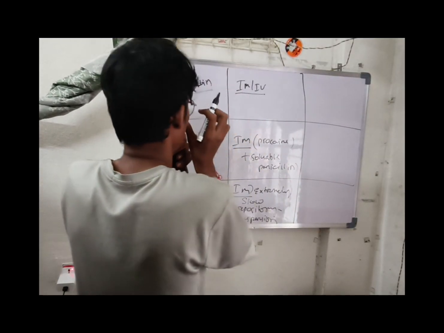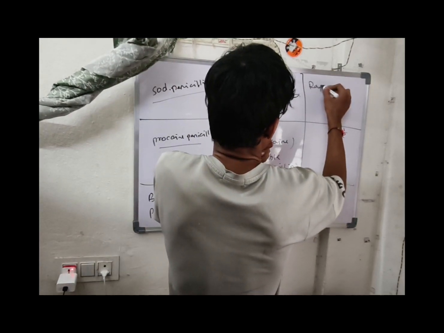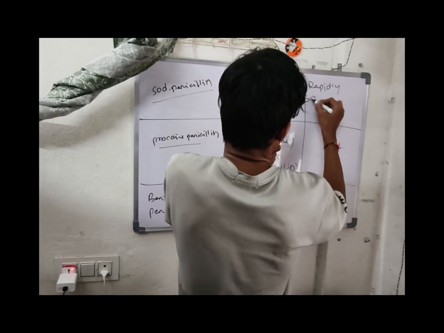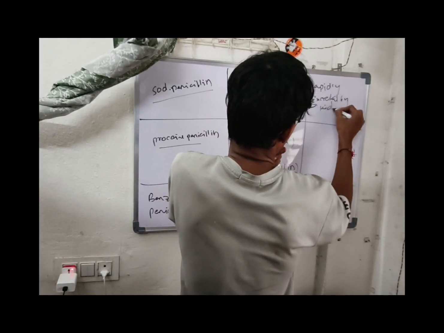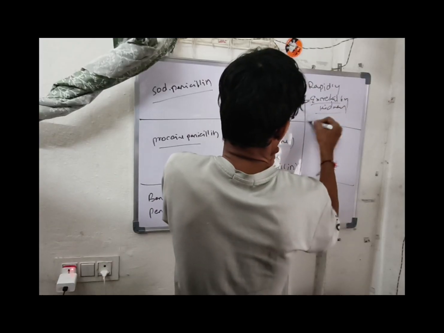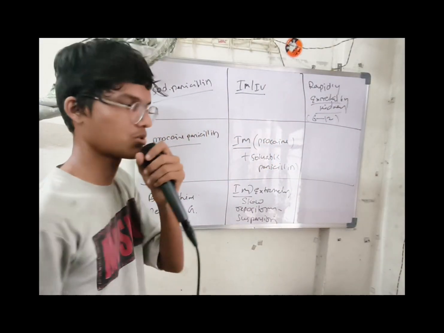Sodium penicillin is rapidly excreted by the kidneys, and we need frequent dosing, that is every 6 to 12 hours.